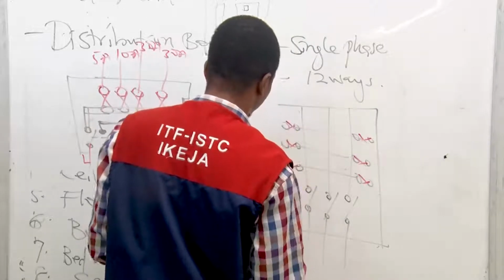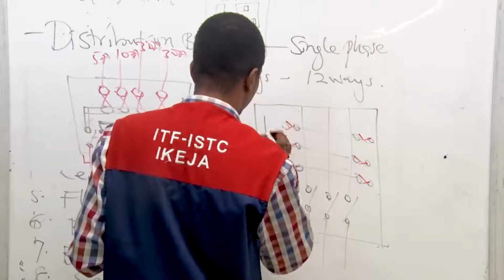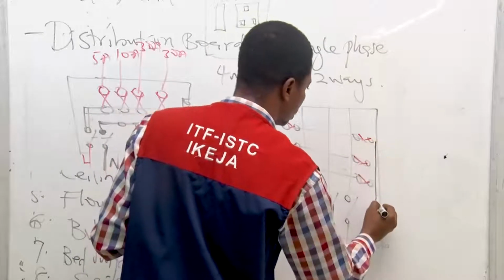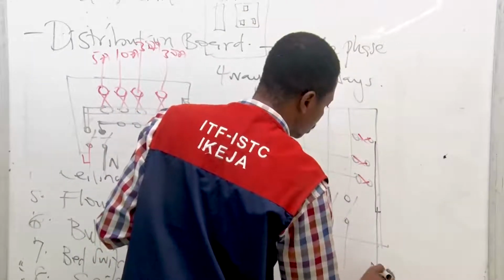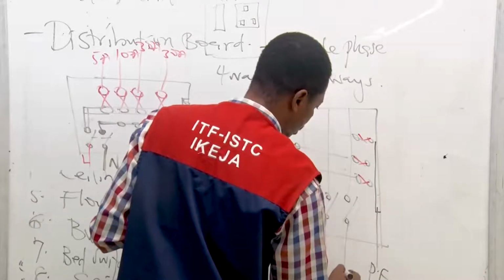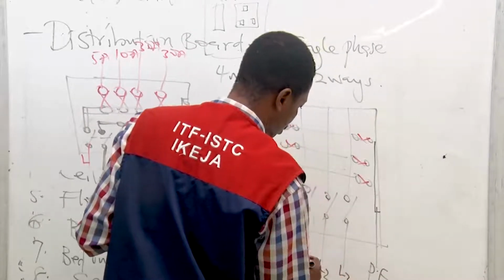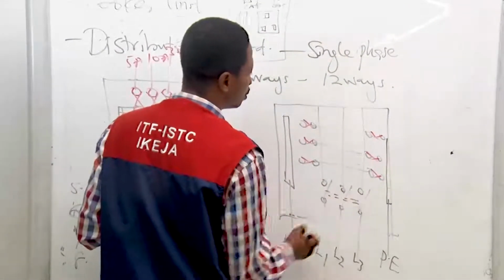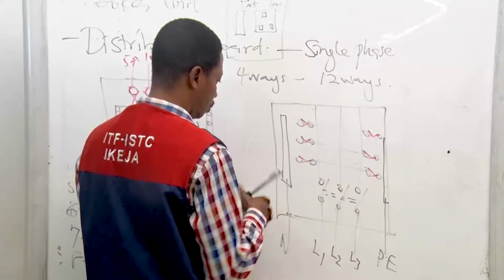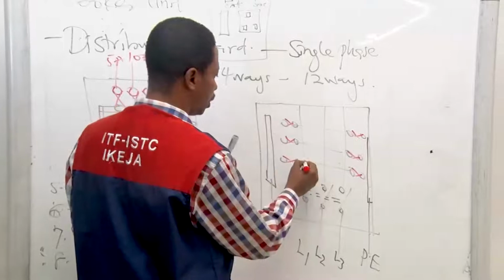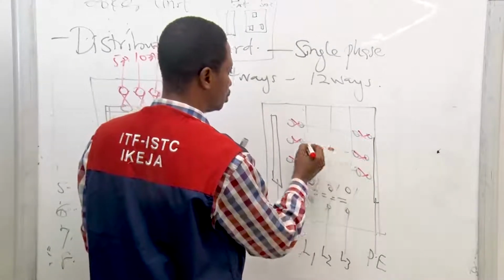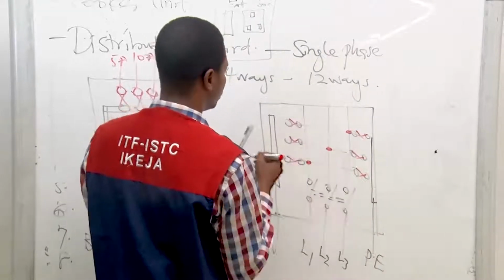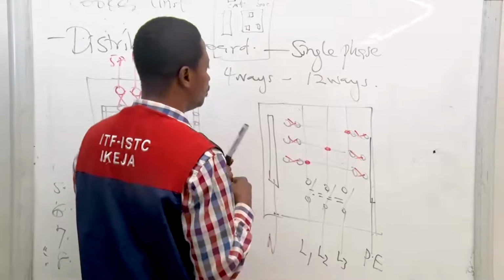I want to draw the neutral link so that it will contain it. Neutral link over here. Then the earths, the protective earth cable. This is the neutral. Of course, line 1, the link, this is a copper bar. This and this are together. Line 2, this and this together. And line 3, this and this, is 1, 2, 3, 4, 5, 6. So I said 12 ways for 3 phase.